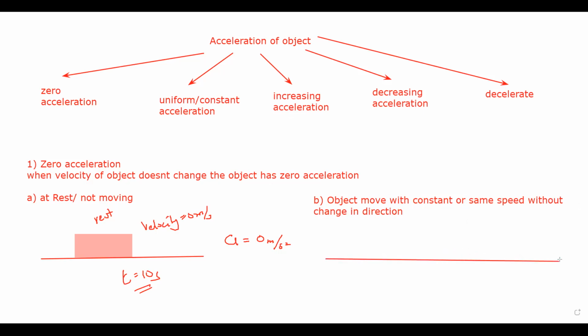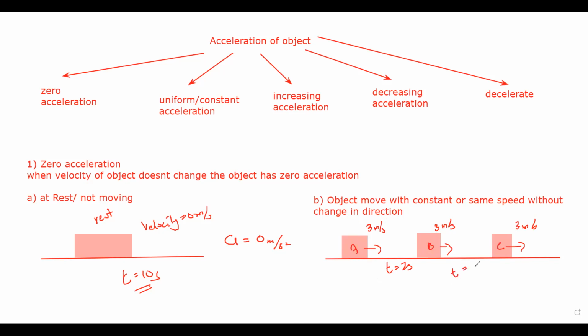Example, say a car is moving from one place to another with the same speed of 3 meters per second, taking 2 seconds to travel from position A to position B, and 2 seconds to move from position B to C.